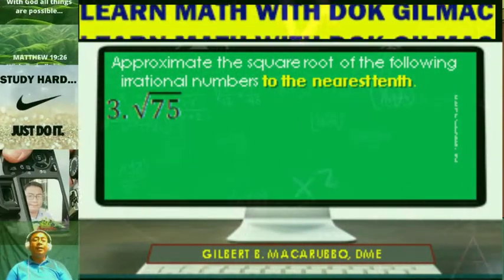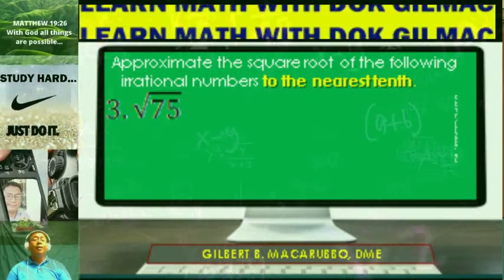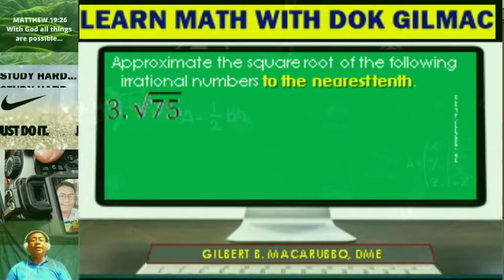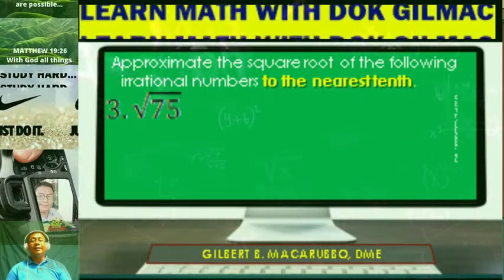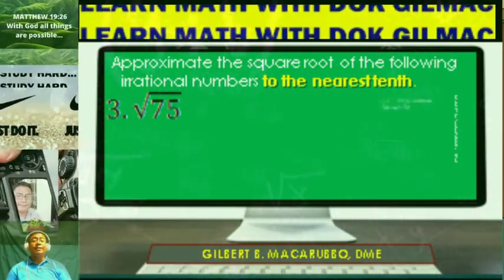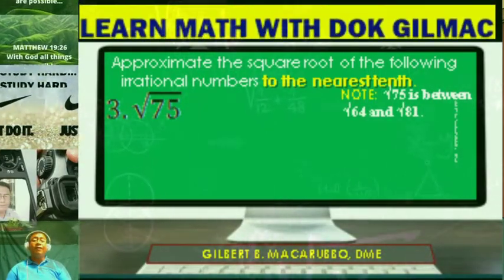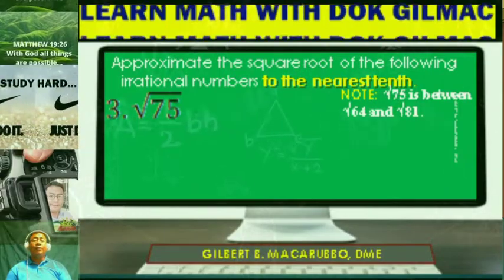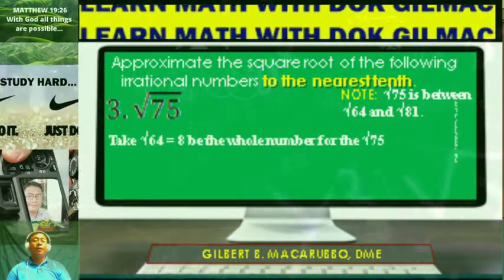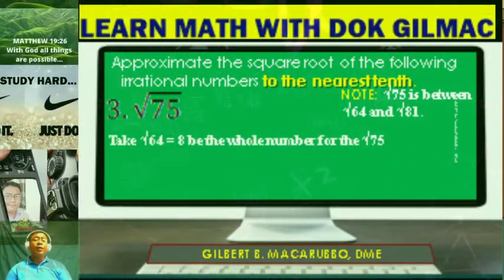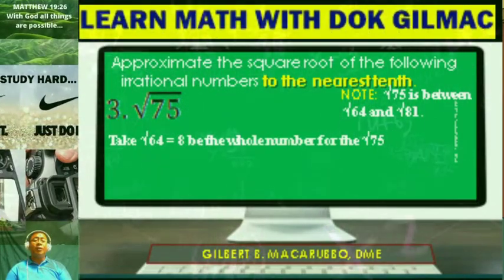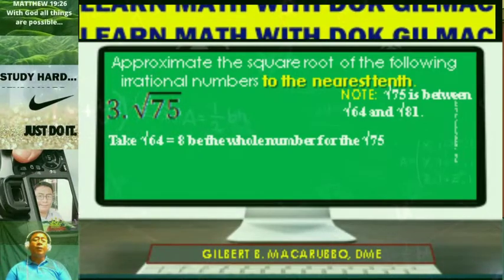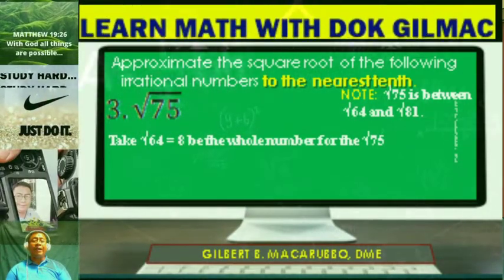Consider number 3, illustrative example. Square root of 75. We approximate the square root to the nearest tenth. Take note, class, square root of 75 is between square root of 64 and square root of 81. Take square root of 64, which is equal to 8, be the whole number for the square root of 75.